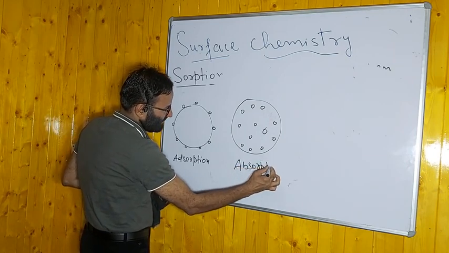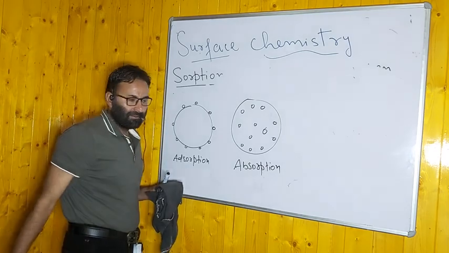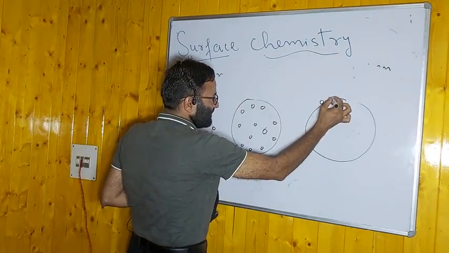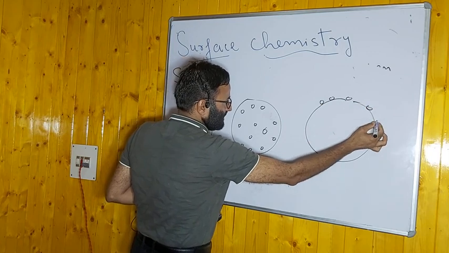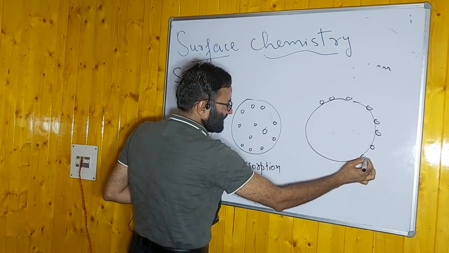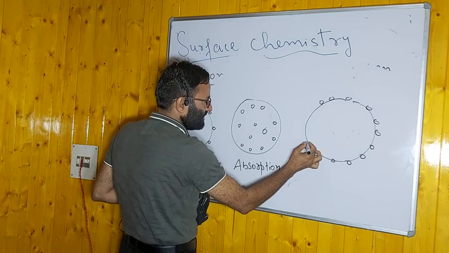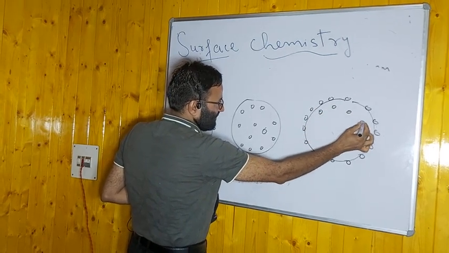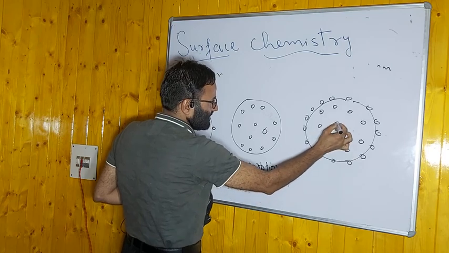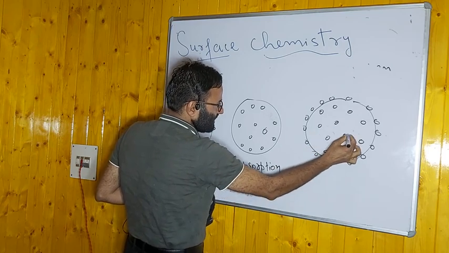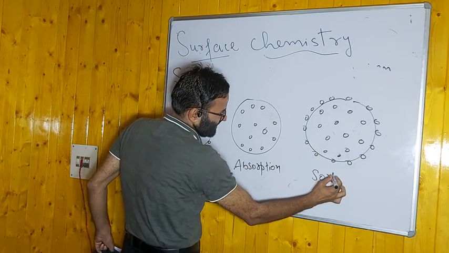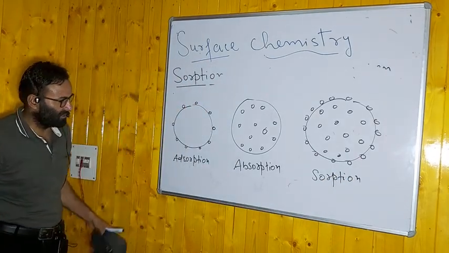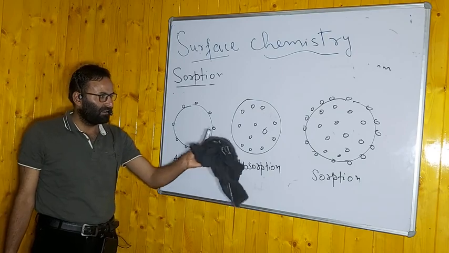Now, what happens in sorption? The particles first get adsorbed on the surface, then they also enter into the bulk. It means that both the processes take place. It will be sorption. You can draw these projections: this is adsorption, this is absorption, and this is sorption.